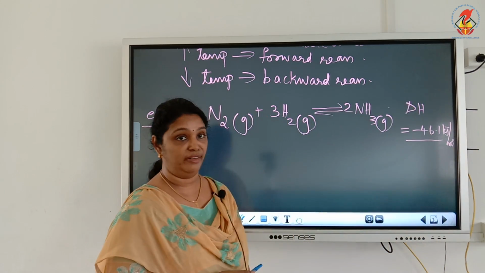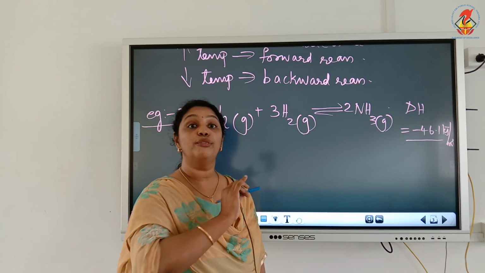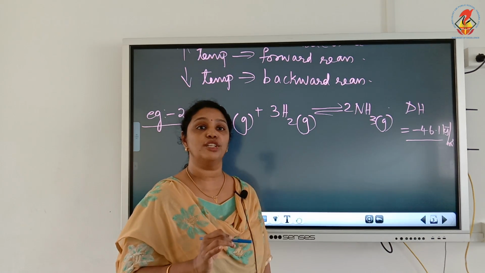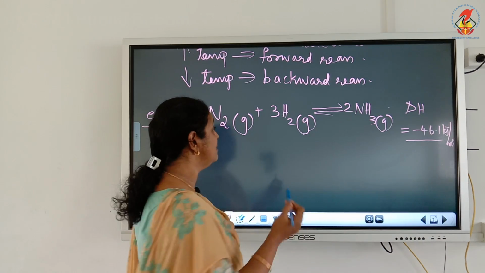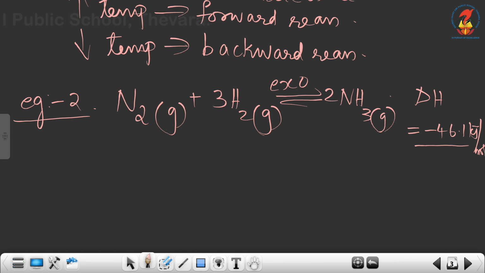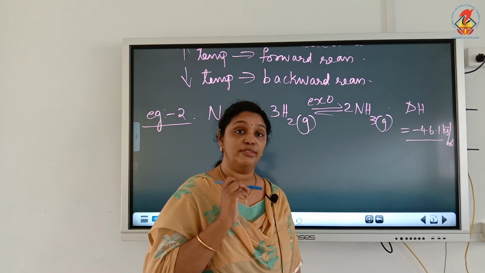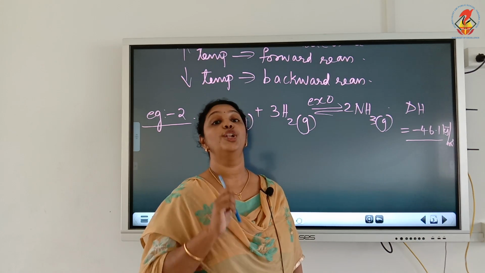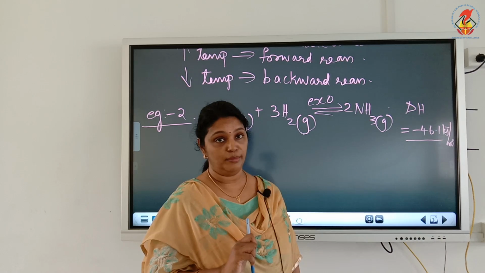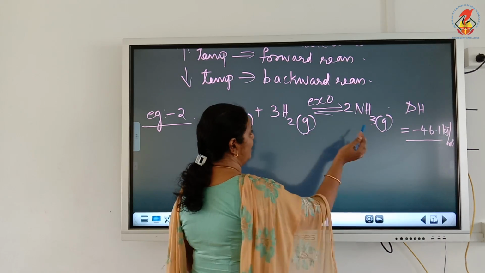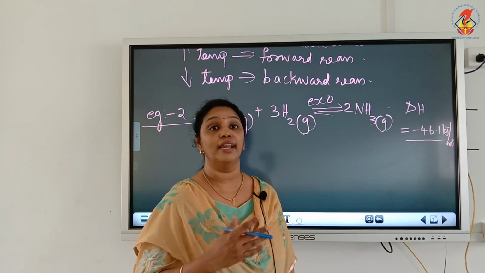So what do you understand? The forward reaction, the formation of ammonia from nitrogen gas and hydrogen gas, is exothermic, and it takes place at low temperature because exothermic reactions take place at low temperature. The backward reaction is the decomposition of ammonia to nitrogen and hydrogen gas.